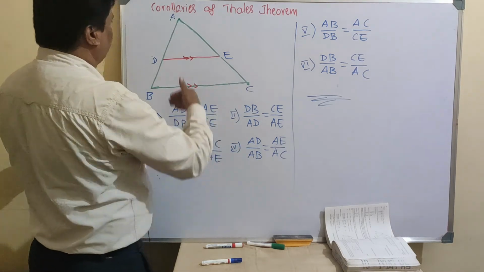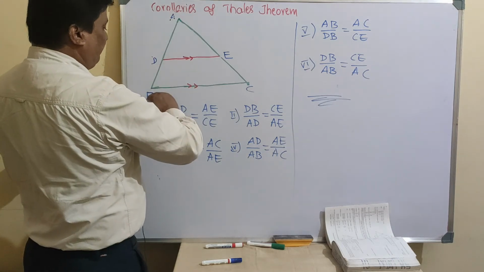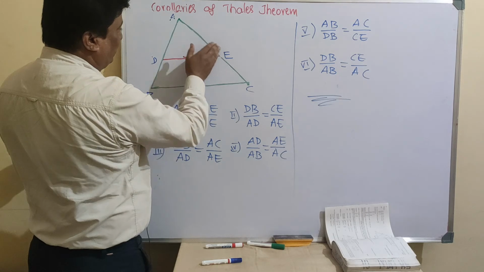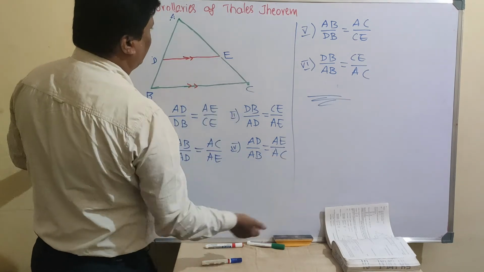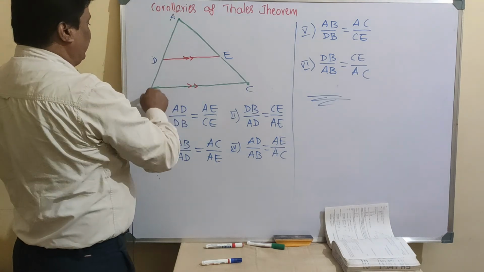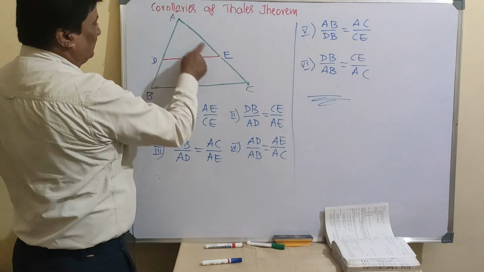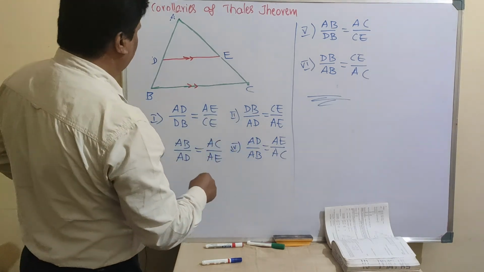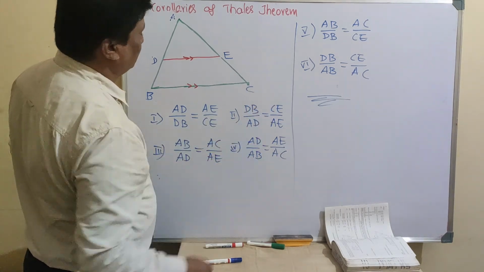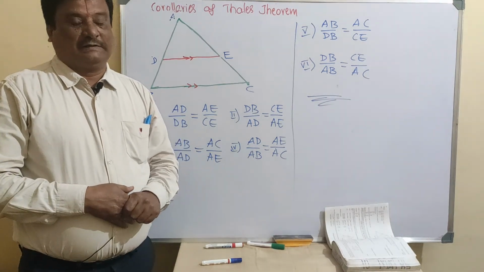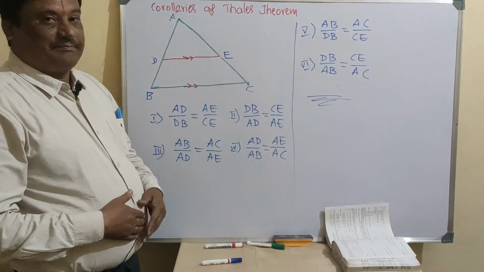The reciprocal of that one, AD by AB is equal to AE by AC. And the next one is AB by DB is equal to AC by EC. The final one, so that's all. These are the important results which we have summarized here.